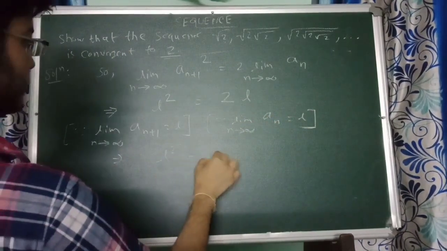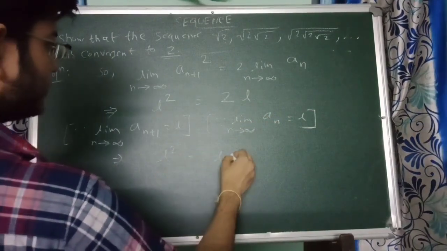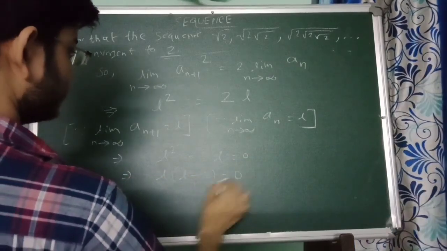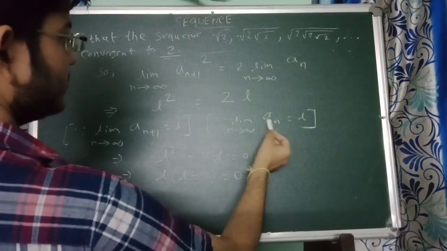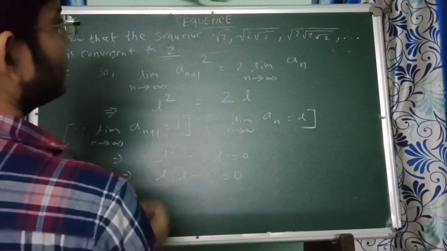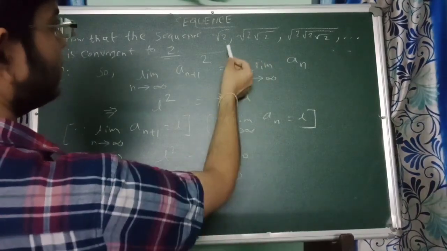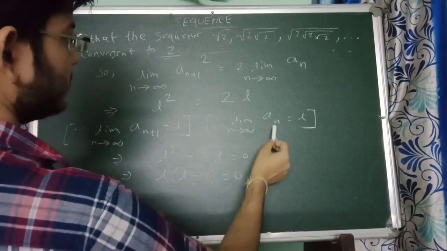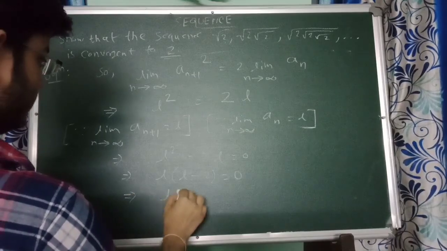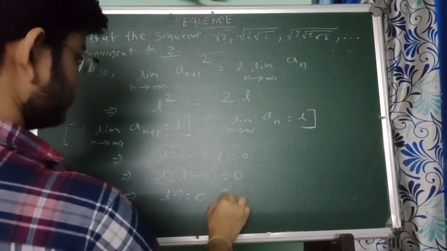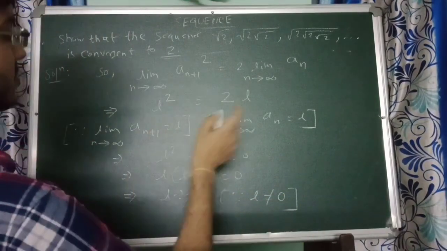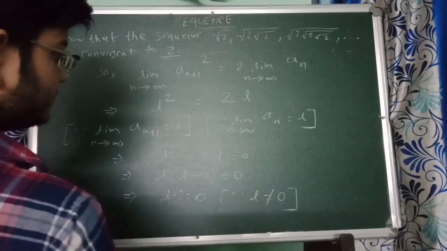Now solve this expression, we get l squared minus 2l equals to 0. Taking l common, we get l times (l minus 2) equals to 0. Now since l is the limiting value of the sequence a_n, and each of a1, a2, a3 and so on are nonzero quantities, so l is never 0. So l minus 2 equals to 0. Since l is a limiting value of a positive sequence, it can never be 0.